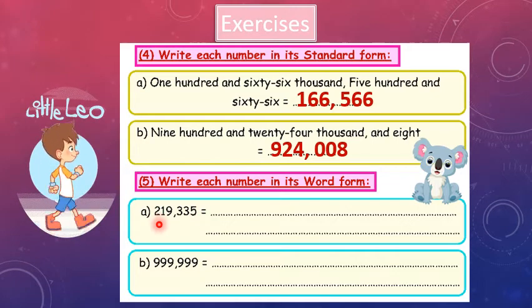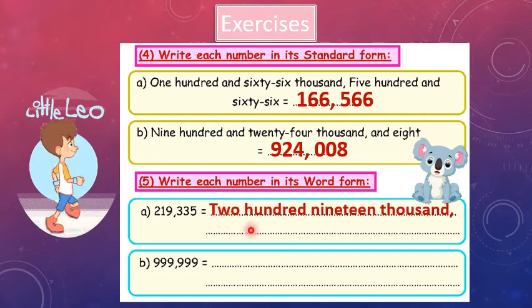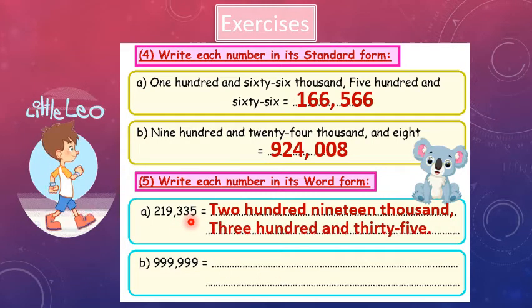Here we have 219,000. Begin from left, it will be 219,000 and put a comma, and the rest of this number, 335. Next one, we have here ones, tens, hundreds, and a comma.